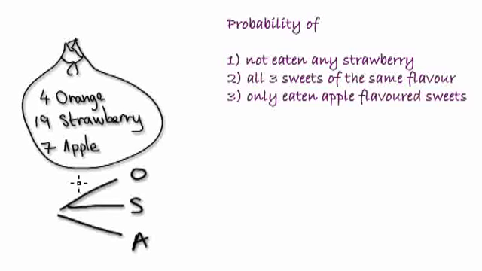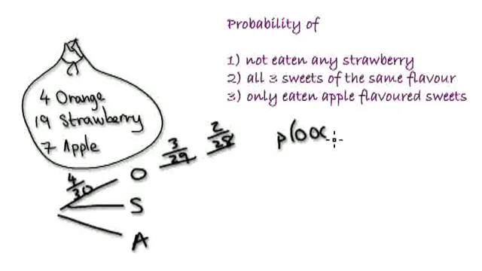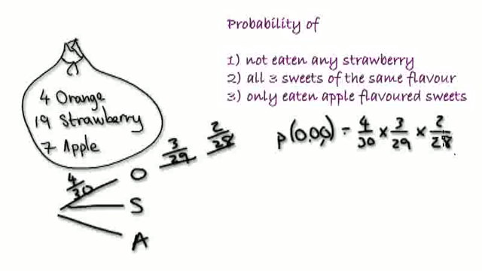Probability of you getting an orange would be 4 out of 30. Probability of getting another orange would be 3 out of 29. Probability of getting another orange after that would be 2 out of 28. So probability of orange, orange, orange equals 4 over 30 times 3 over 29 times 2 over 28.